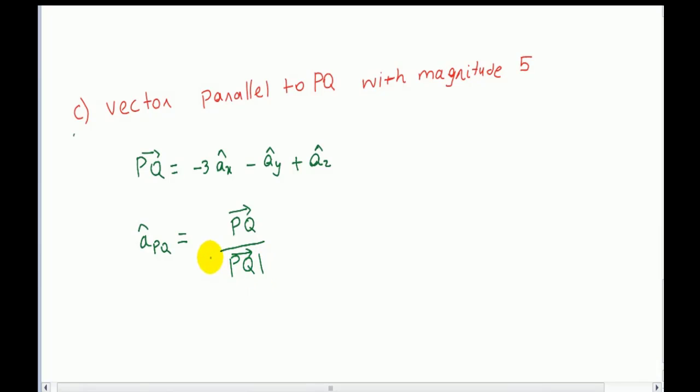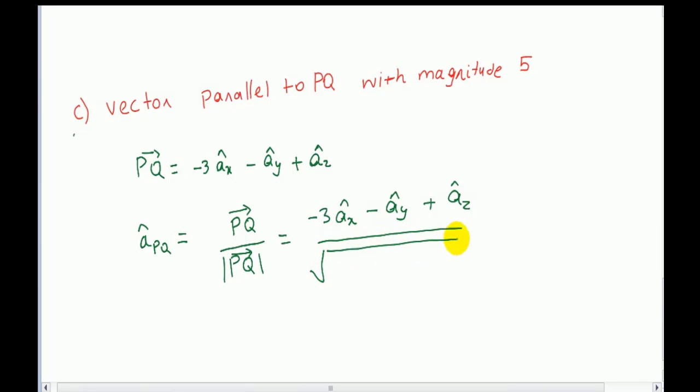PQ vector is -3 ax cap minus ay plus az cap, divided by the magnitude, which can be found by squaring the respective components and adding them. So it will be -3 square, which automatically becomes +3 square, the answer will be same.